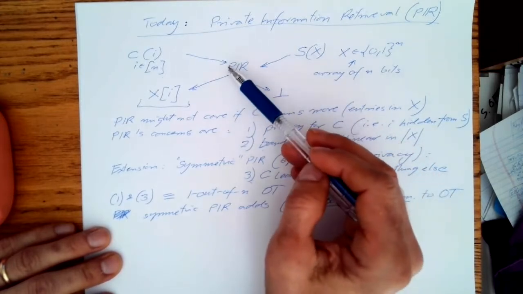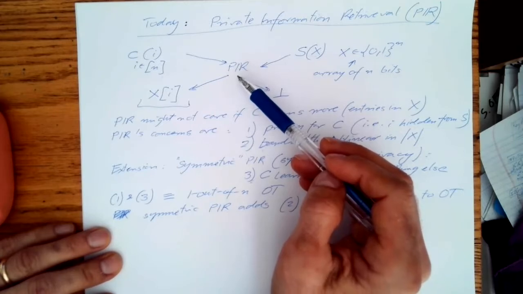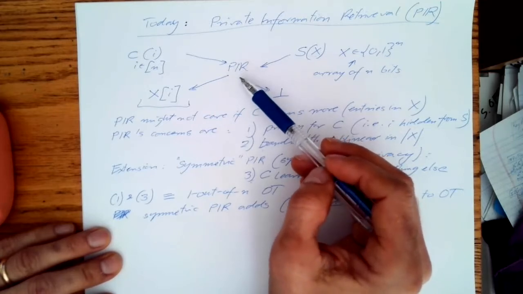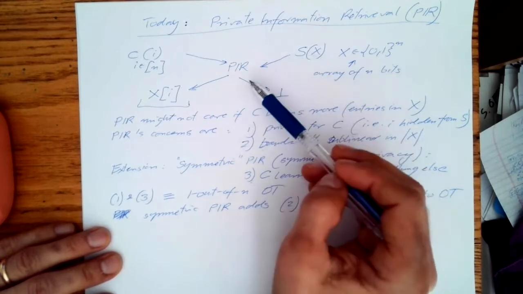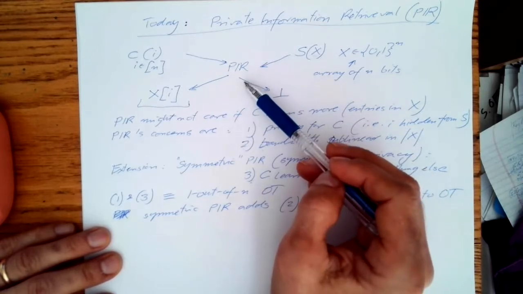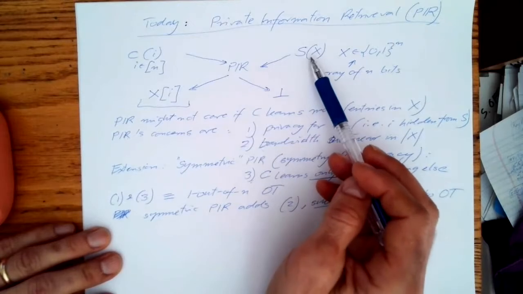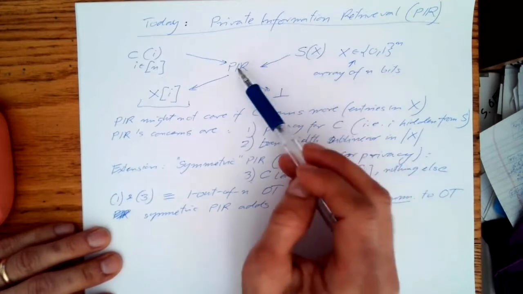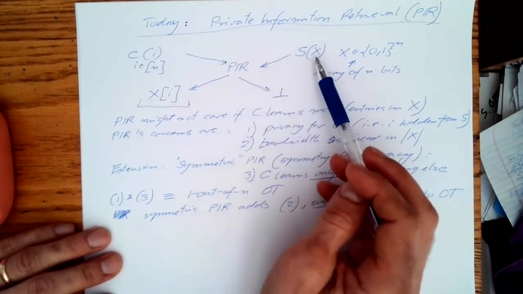We said that in GMW, the XOR gate is for free. You can modify it so that the XOR gate is for free. Could you code it so that it's a very simple circuit, so maybe everything is an XOR there? I don't know, maybe it is or maybe it's not.